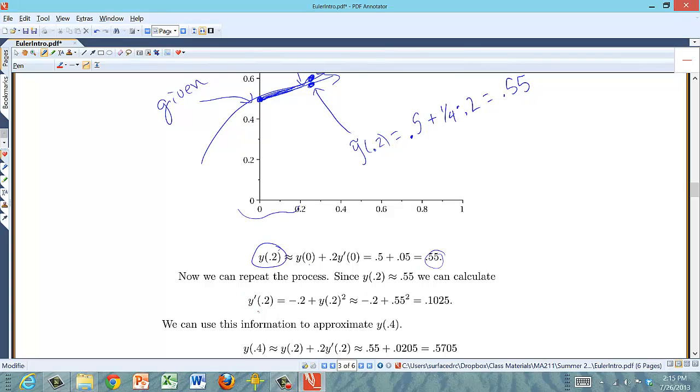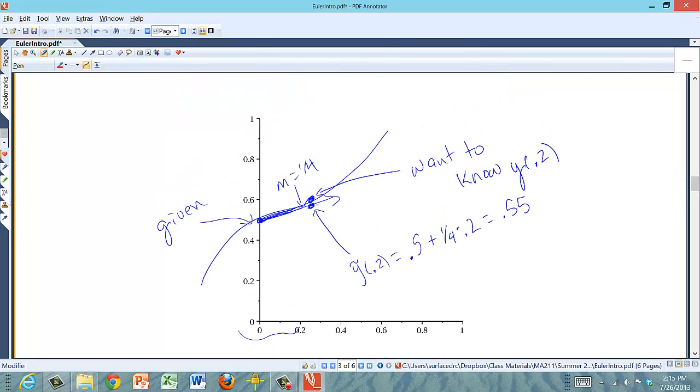So y prime at time point 2 has to be about, well, we'll just plug everything into the ODE. It'll be negative time plus the value squared. So that's about 0.1025. So our solution at time point 2 has value approximately 0.55, and it has derivative approximately 0.1, so a shallower angle than before. So it's at a shallower slope than before, okay?